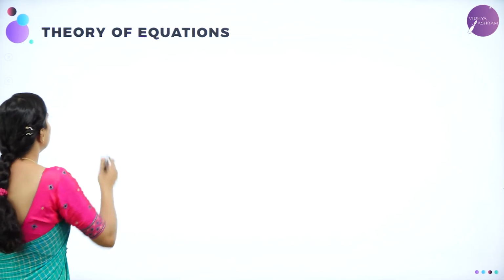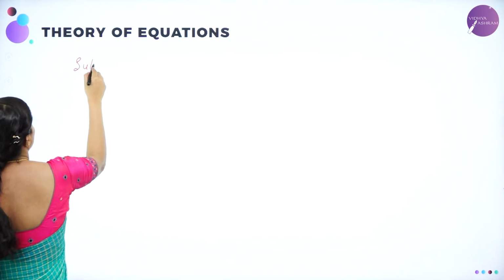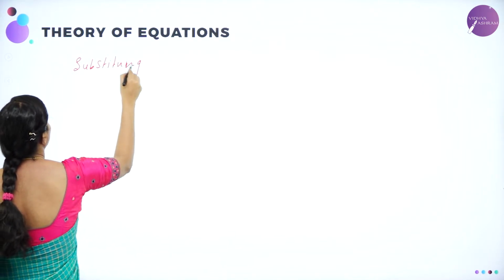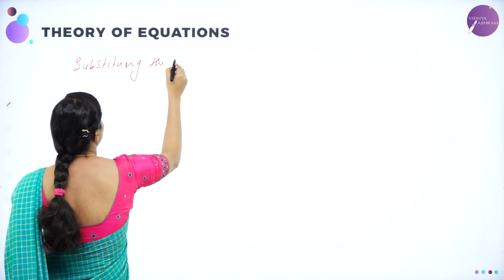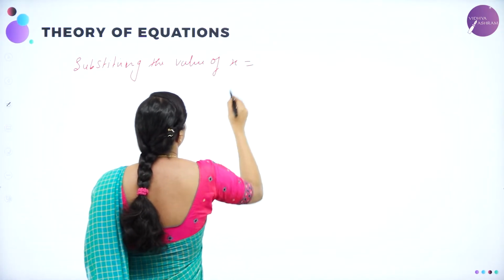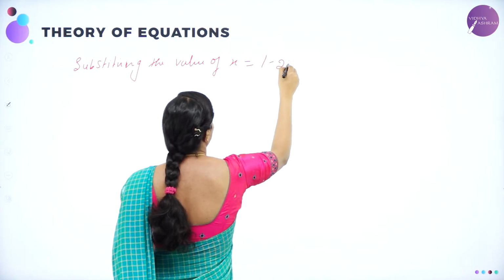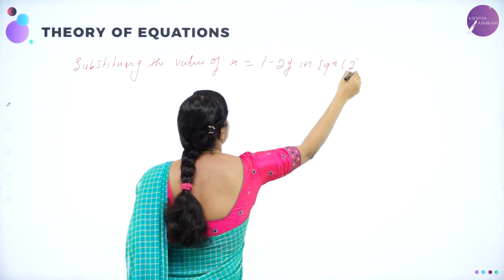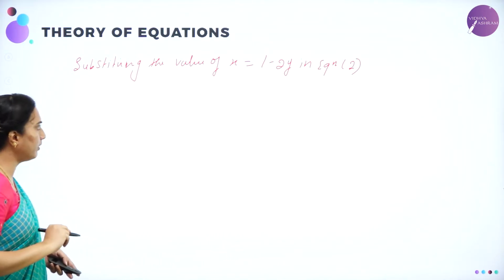So therefore, substituting the value of x is equal to 1 minus 2y in equation 2. What is the equation 2 we are having?